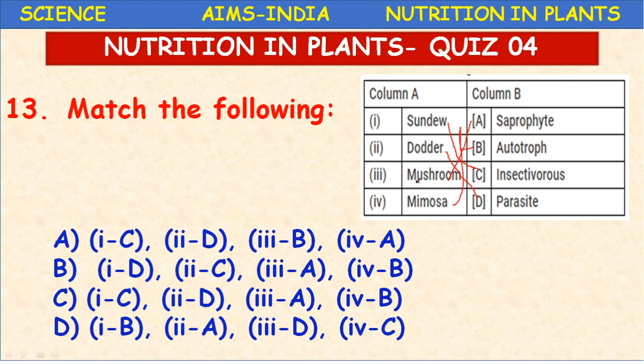Now one is C, present in option A and option C. Then 2 is D. In the first option it is there, and in the third option also 2 is D is given.